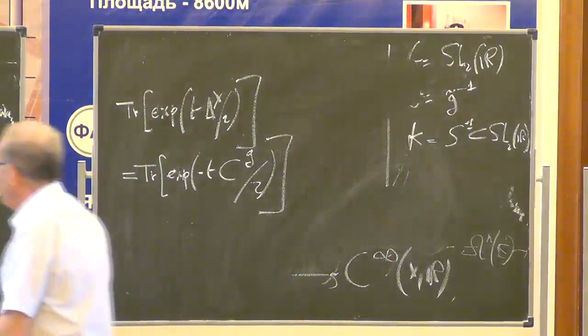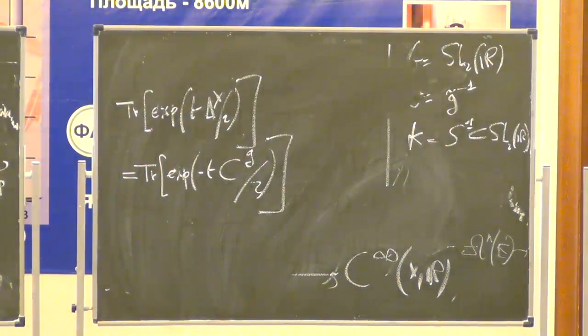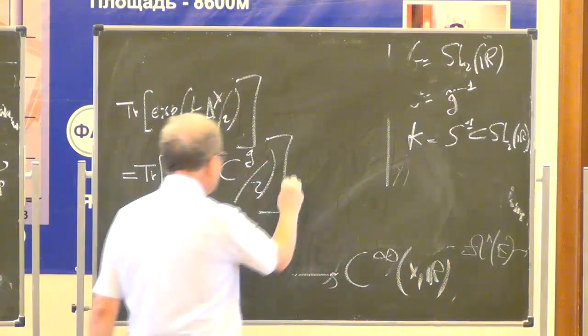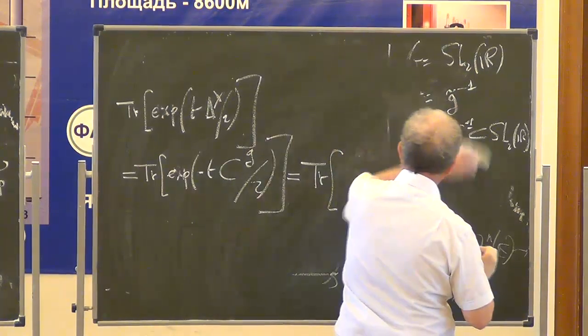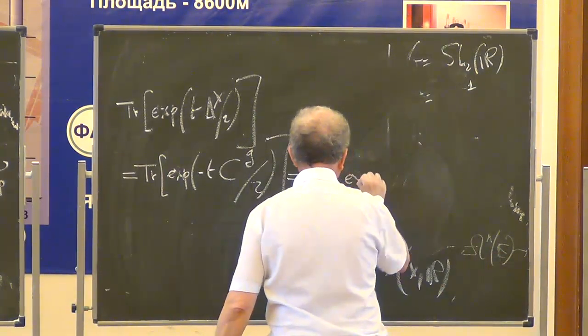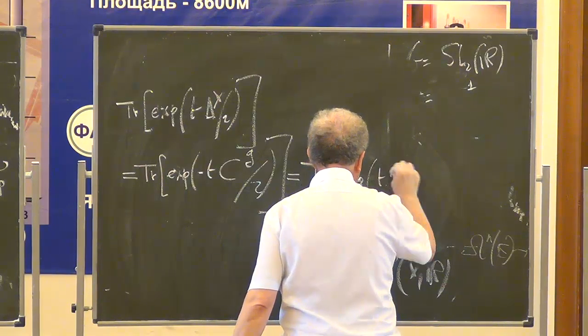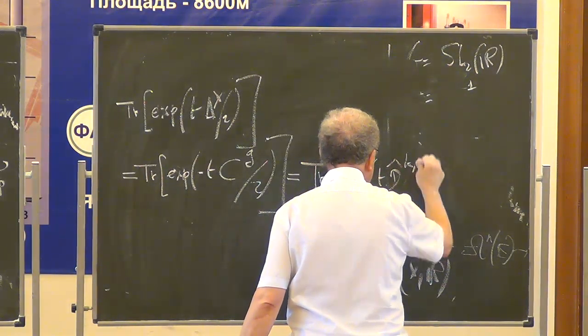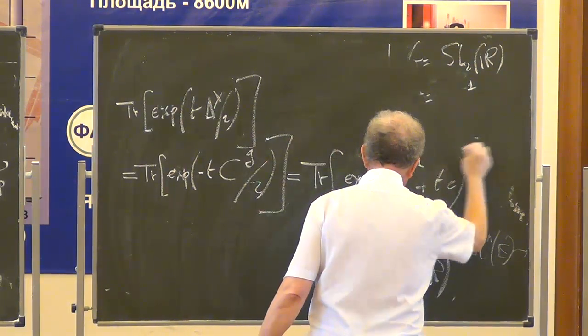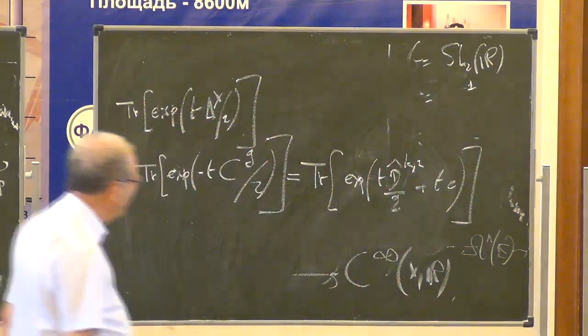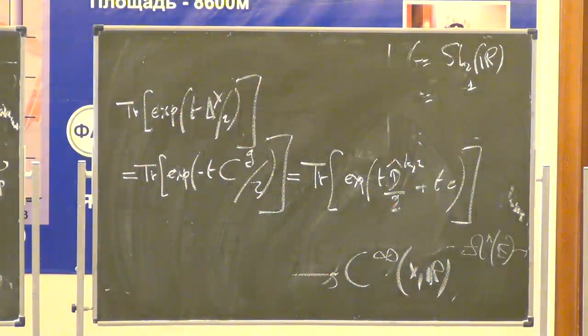And now I'm going to use the fact that this minus C_G is just a square, so this becomes the trace of exponential of t d hat k squared over 2 plus t times a constant. I just replace this minus C_G by d hat squared.